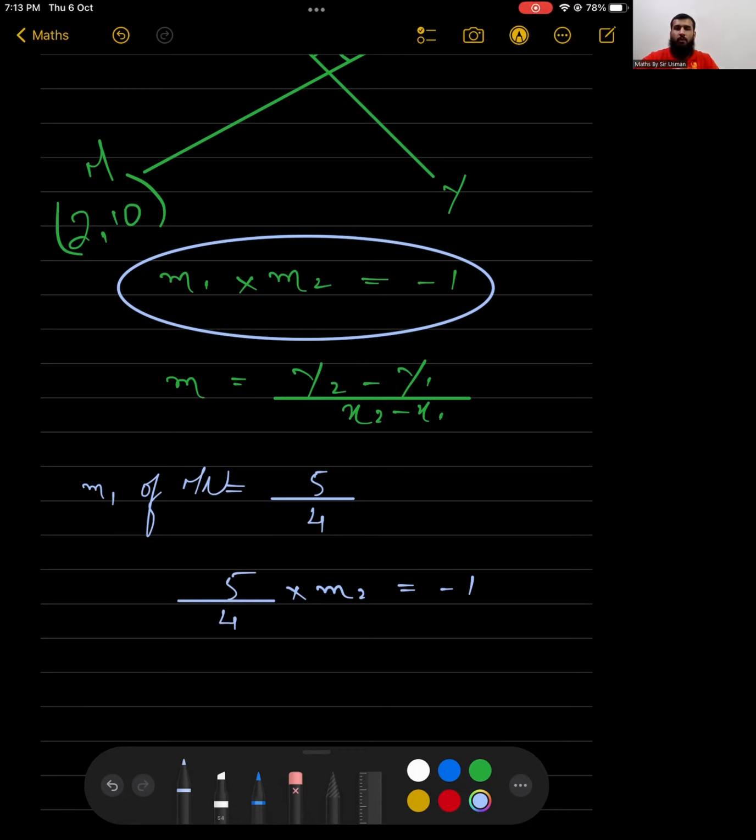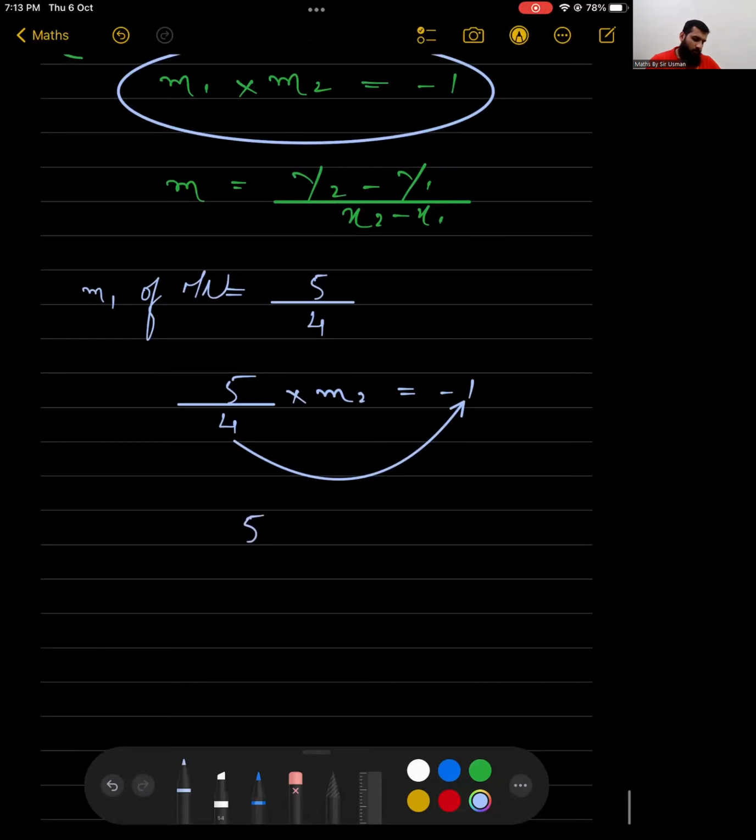So how will m2 come out? 4 is being divided, so it is taken to the other side and multiplied. It's 5 times m2 equals -4, and then m2 equals -4/5. So this is what your gradient for the line XY shall be.